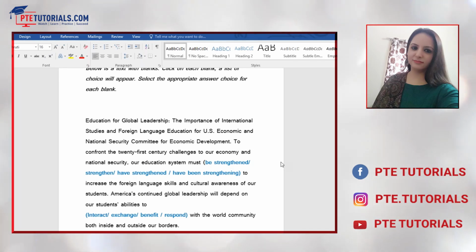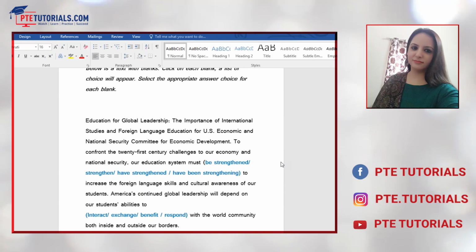And the second thing is collocations. You must be aware of the usage of collocations. You should be aware of the meaning of collocation.